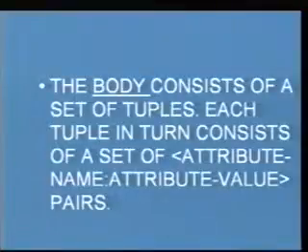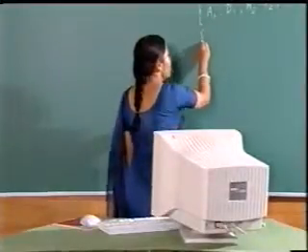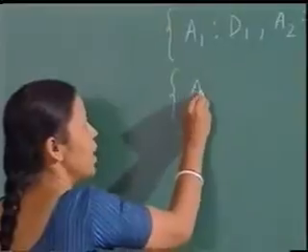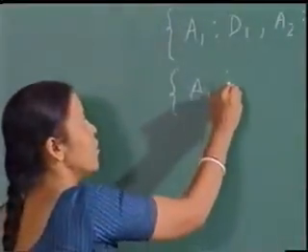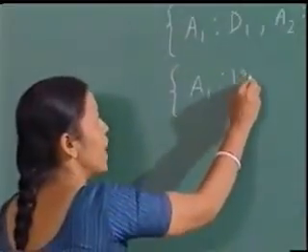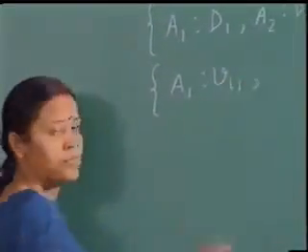The body consists of a set of tuples. Each tuple in turn consists of the attribute name and the attribute value. That is, the body consists of the attribute name, that is, this is your first attribute, and the value of the first attribute, that is vi1.